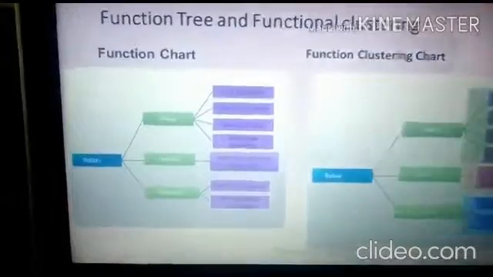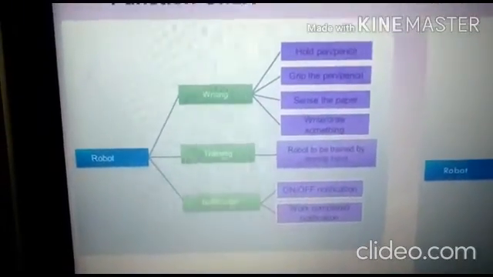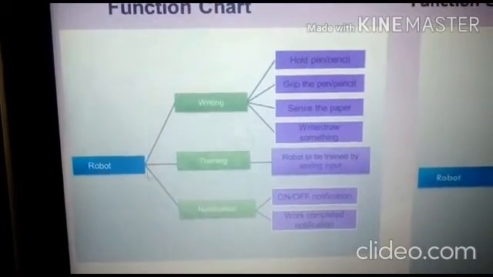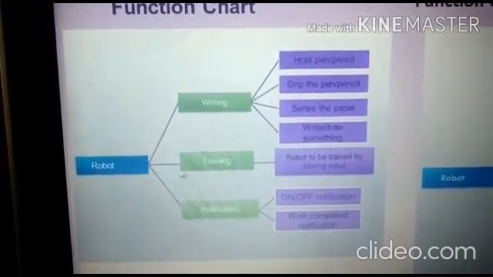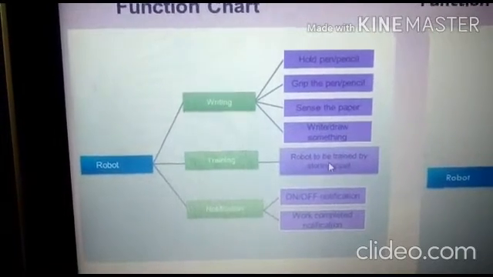Function tree and clustering. The function tree describes a robot performing three main functions: training, writing, notification. The training part involves the robot being trained by storing the input.